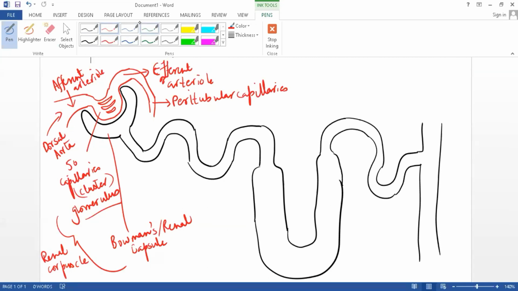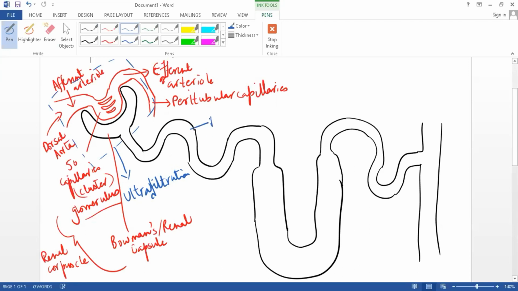In this portion, ultrafiltration, which is the first portion, together with these arterioles and everything, what happens over here? Ultrafiltration takes place over here. We will discuss the adaptations of these parts in detail as well.